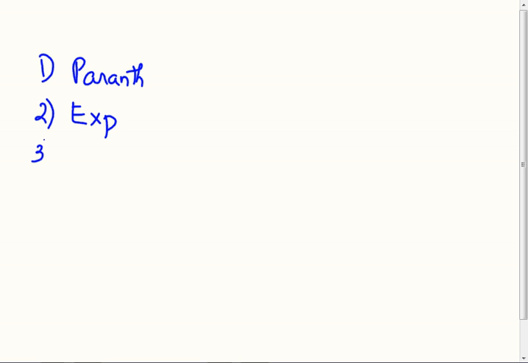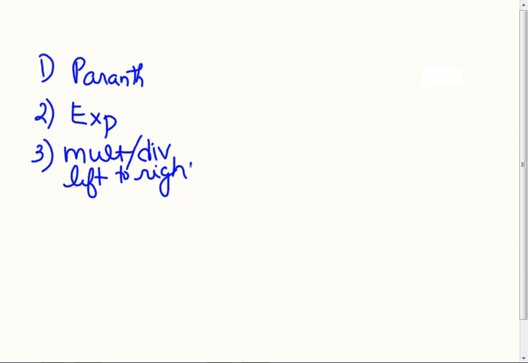Number 3 is what? Multiply, divide, left to right. I don't want to write all that either. I'll be honest, but if I don't, I'm going to mess it up. And last is add, subtract, left to right.